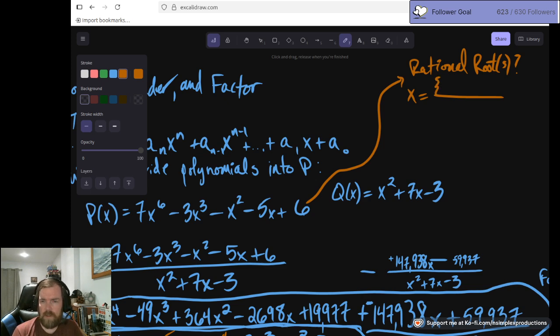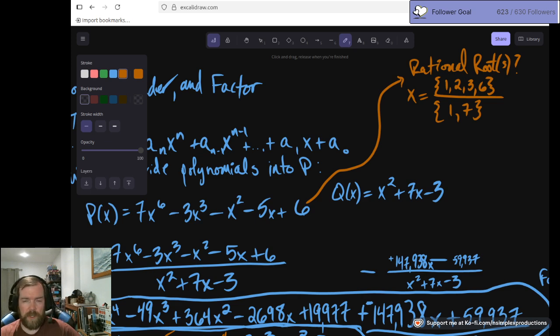Okay, the constant coefficient is a 6, therefore its factors are 1, 2, 3, and 6. And the leading coefficient is a 7, and its factors don't have to be prime. Its factors are going to only be 1 and 7. Okay, and these can be positive or negative.